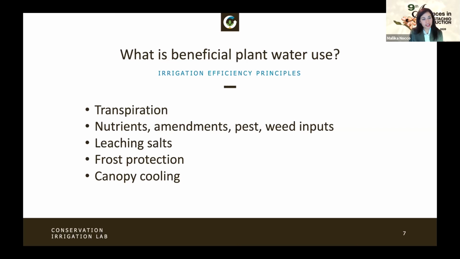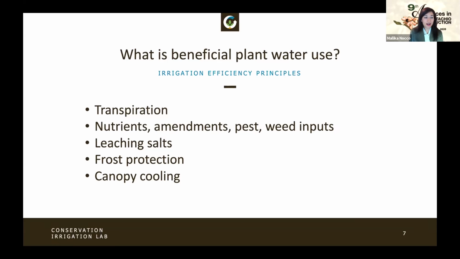But additionally, you also want to think about beneficial plant water uses, like nutrient and amendment applications, so fertigation, as well as pest and weed inputs. You're watering oftentimes to input all of these different things that you need for your system.